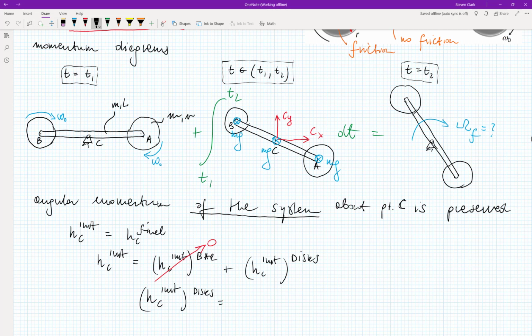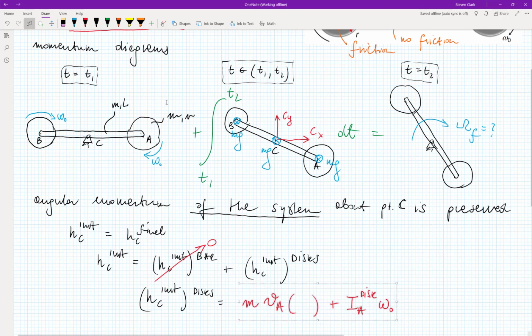Let's maybe focus on this disk, on disk at A. So what can we do? What can we go for in here? Maybe we can go for the first angular momentum definition. So we can go here for m vA times some distance plus I_A of the disk times omega 0.